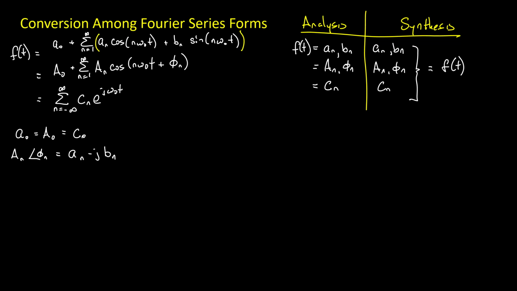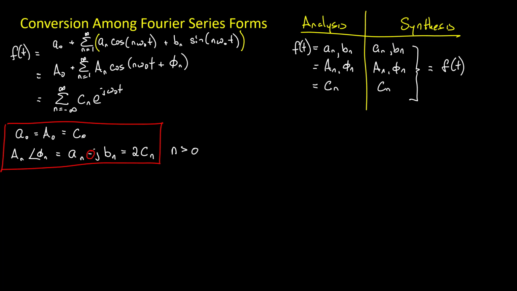Notice that there is that minus sign right up here. And that corresponds to twice the amount of c sub n's. And this is true for n, obviously, greater than 0. And so in summary, these are the equations that let you convert among any of the three Fourier series that we've talked about.